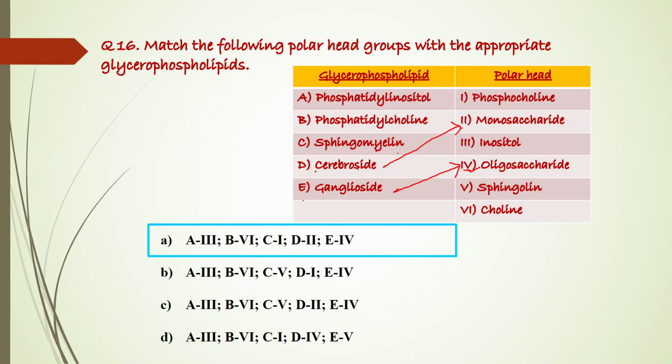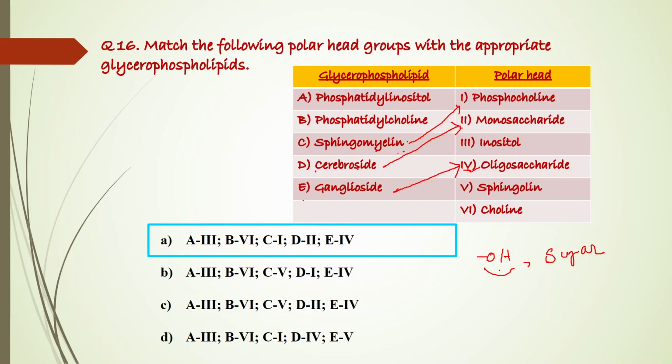In case of sphingomyelin, if you remember, we actually have phosphocholine. How does that look? In the last slide we said that we attach sugar molecule to get cerebroside or ganglioside.